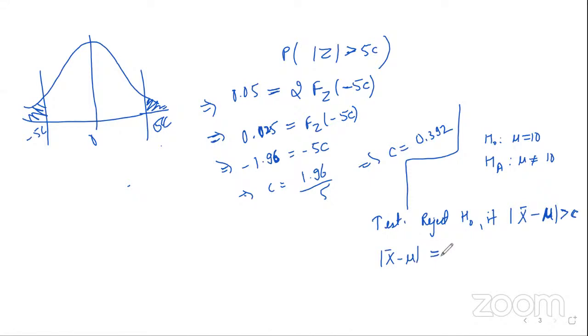What was x bar? I think 11 point something. 11.8. 11.8, right? 11.8 minus 10 is 1.8, and it is going to be greater than C, right? So you are going to reject your H0, right?